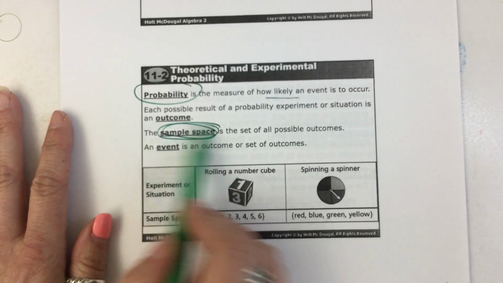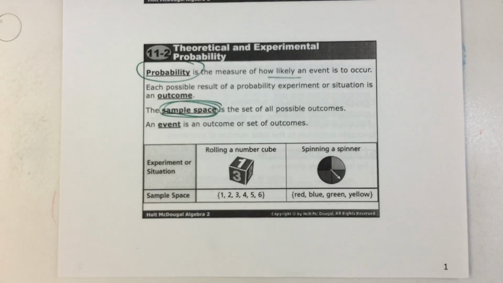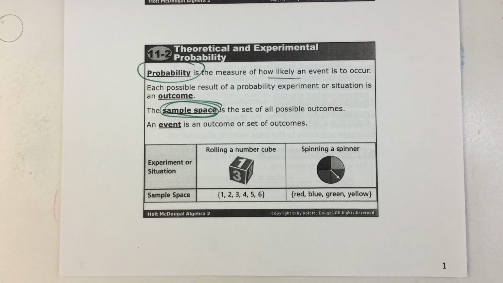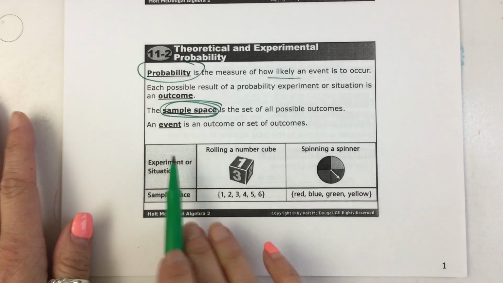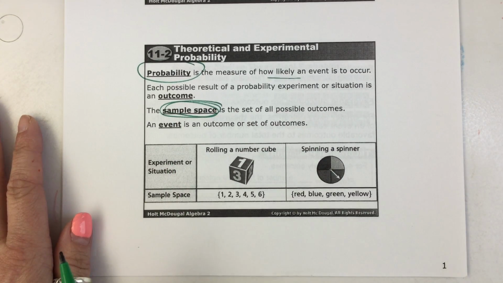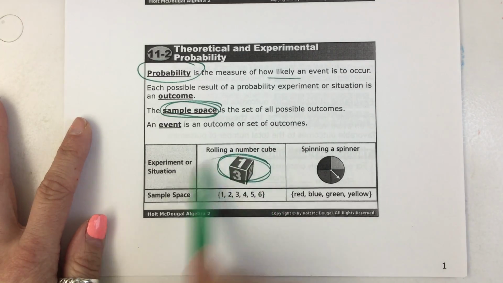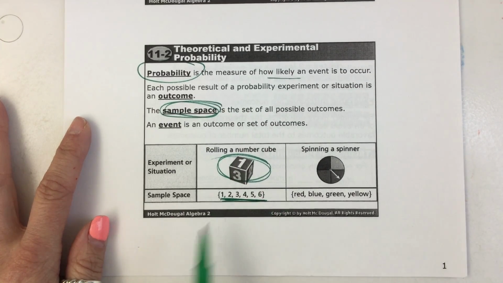Now, when you look at probability, one of the key ideas is called the sample space. The sample space is a list of everything that can happen. So like if you flip a coin, your sample space is heads or tails. If you roll a standard number cube, your sample space, you could get a 1, 2, 3, 4, 5, or 6.